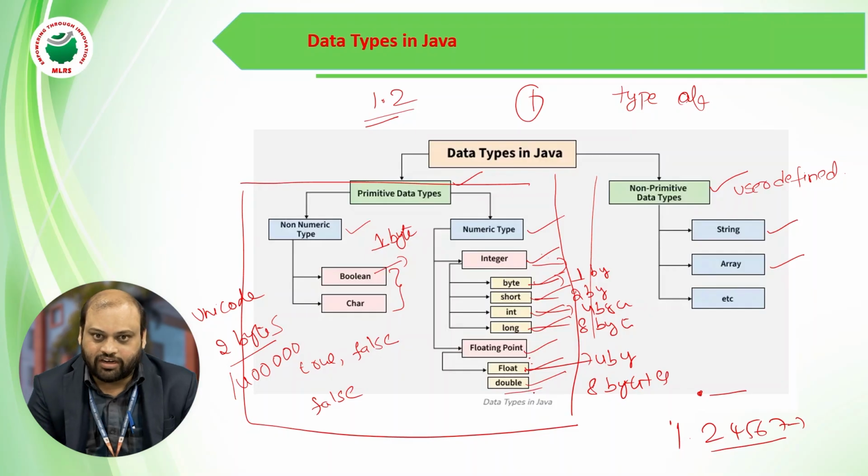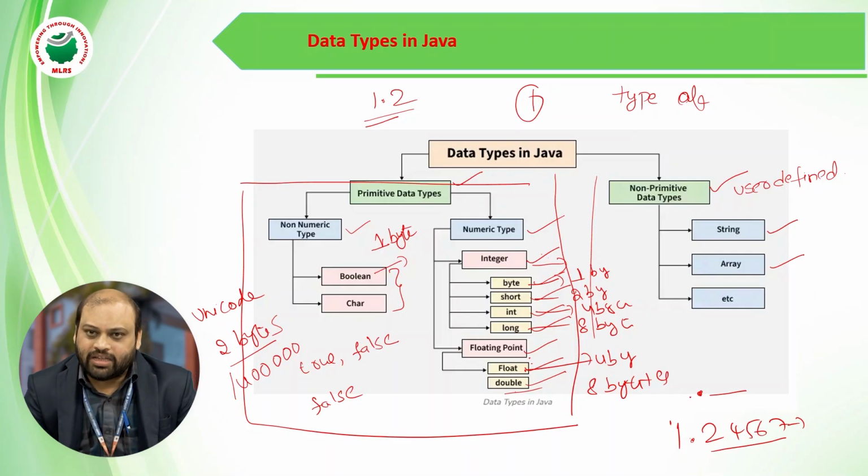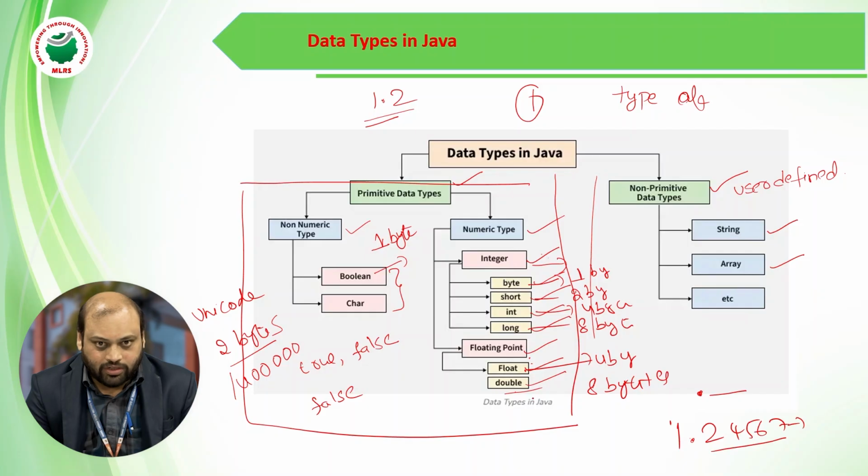So we call them single precision and double precision. Based upon our usage and the application, we can use either float or double. The default floating value in Java is double. If you want to declare a float value, it is always recommended to suffix with f.